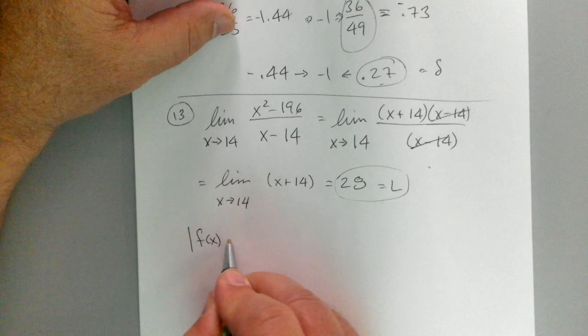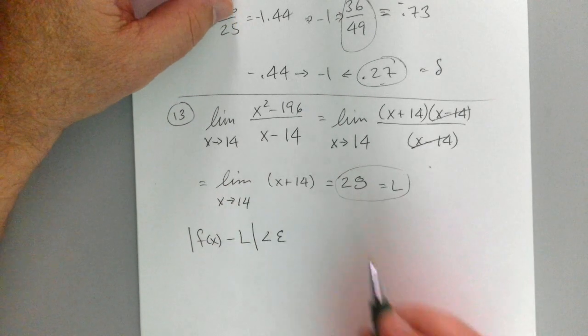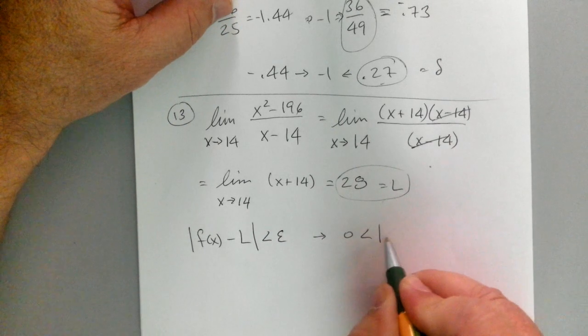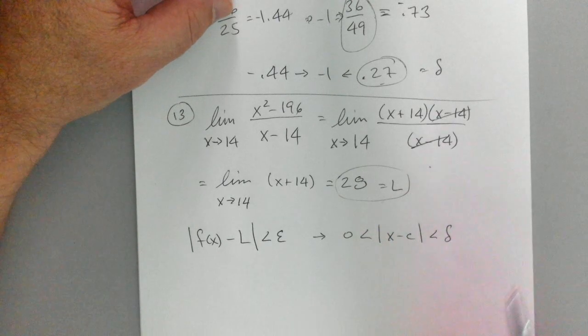The absolute value of f of x minus L is less than some epsilon when the absolute value of x minus c is less than delta.